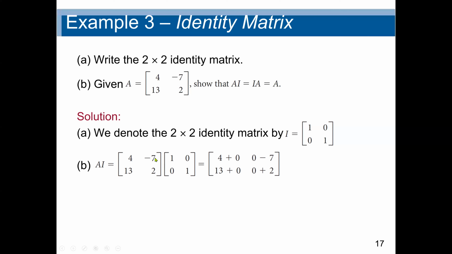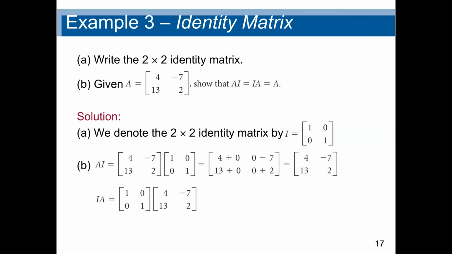Then 13 by 1 plus 2 by 0 will give me 13. And the last is the second row, second column: 13 by 0, and then 2 by 1, and that will give me 2 here. So if we do this, our answer will be 4, negative 7, 13, and 2. Yes, the answer is the same. So AI is the same as A.